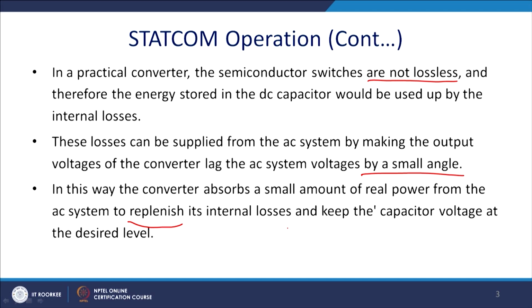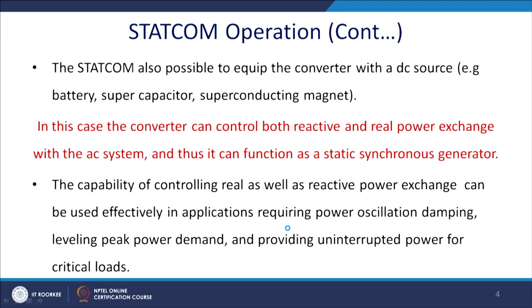So, this is a way of feeding the losses. It is also possible to equip the converter with a DC source. Nowadays, it is possible with batteries, super capacitors and superconducting magnets. So, that can feed these losses.